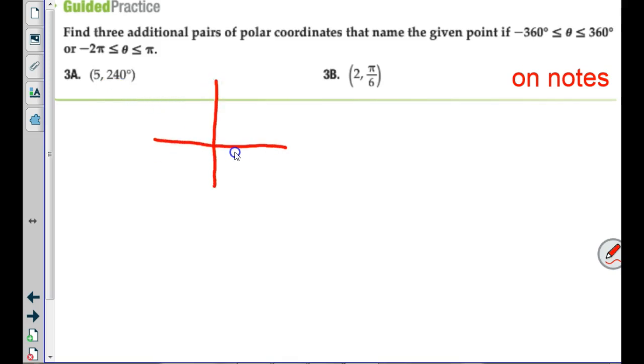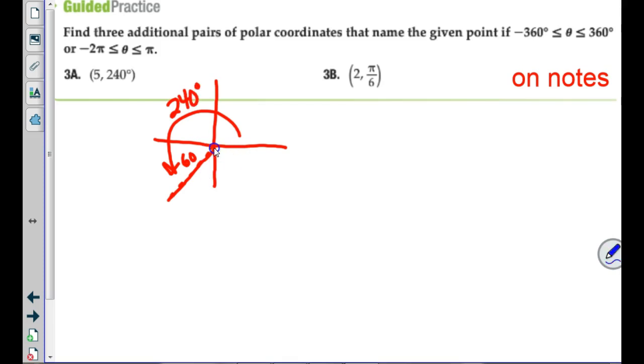Where's 240 at? This is a 60-degree angle in here, right? It's 60 past 180. So there's the 240 line. So what's the other half of it? That would help us.